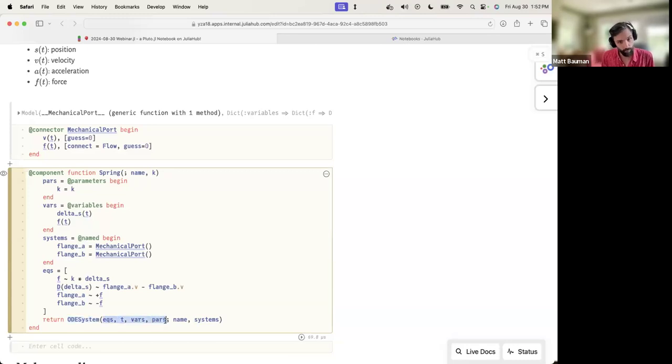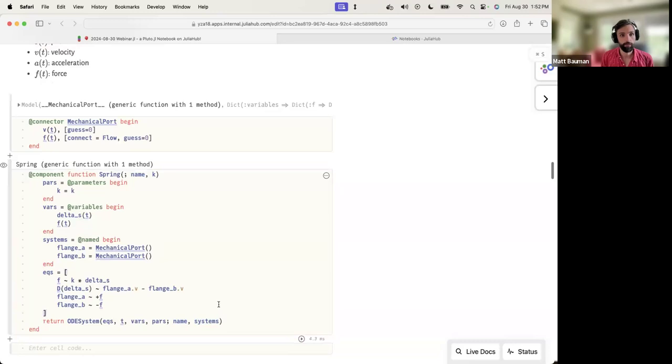There are 4 what we call positional values here, and then 2 named values. These named values are just a different calling convention, saying name equals what we named our spring, and the systems as being these named ports that we pass. So that defines our spring.